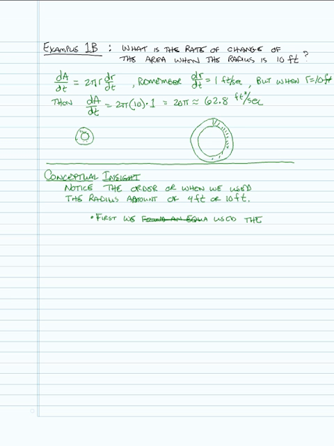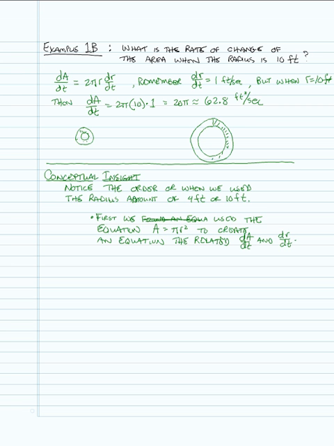we use the equation, in this case, A is equal to pi r squared. The first thing we did was to use it to create an equation that related the rates, that related the derivative of A with respect to t and the derivative of r with respect to t. That's the way we use that equation.